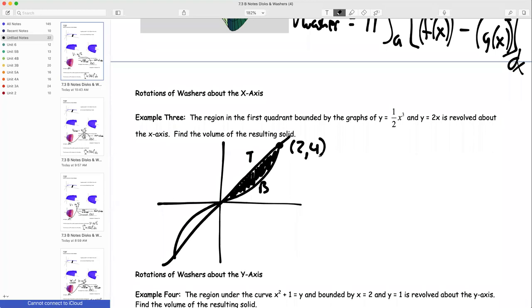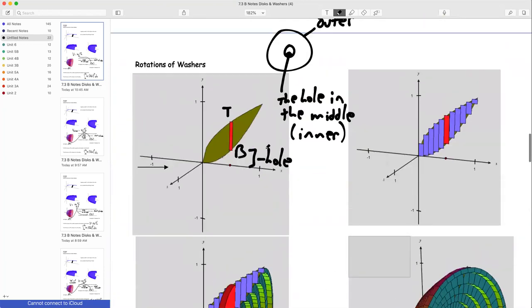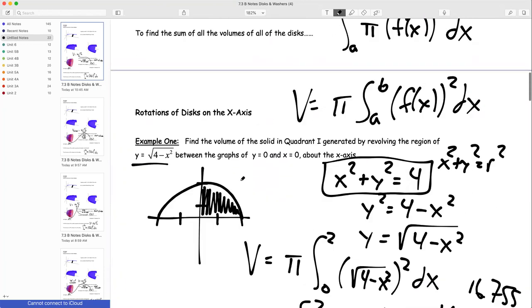And let me explain again why this is a washer and not a disc. Let me go back to the disc problems real quickly. I want you to look up here. In the first problem, my bounds were from 0 to 2 on the x-axis, and the entire shaded region is flush, touching the axis of rotation from 0 to 2.